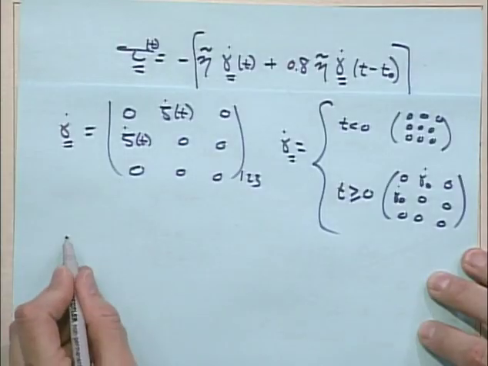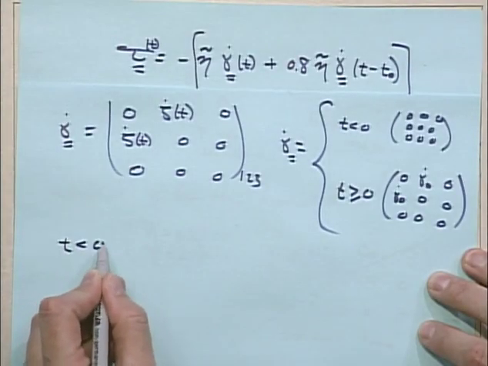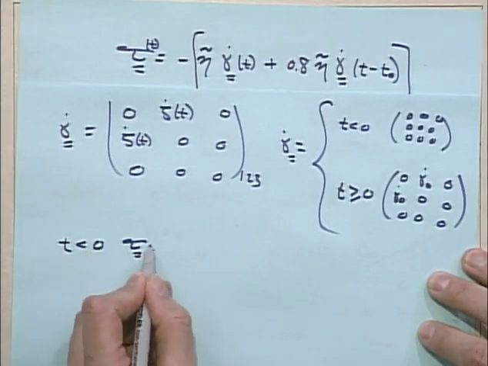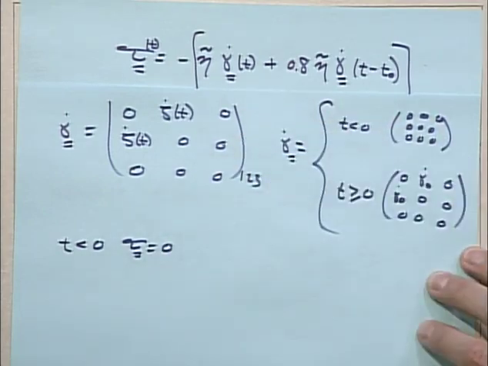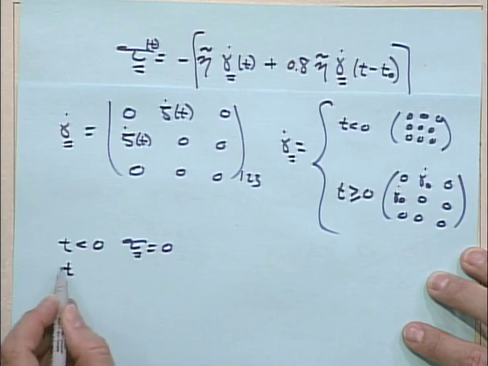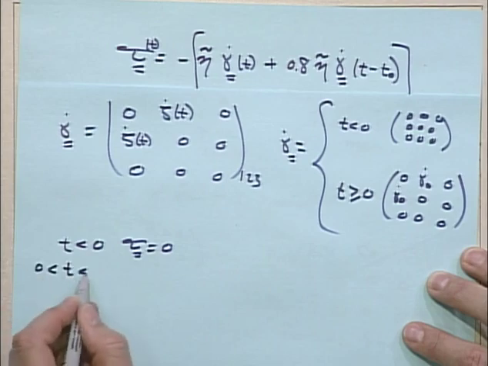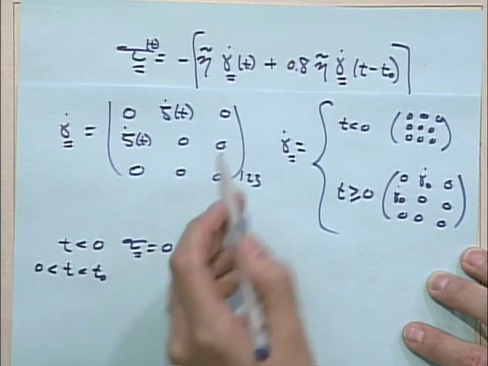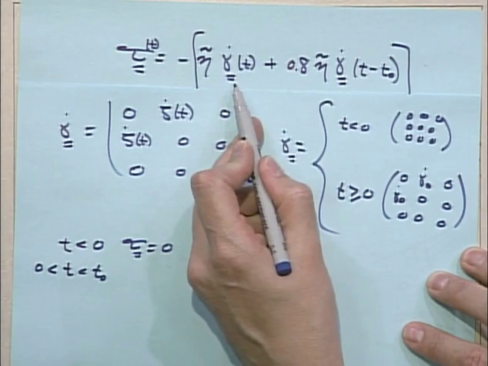So for starters, we'll do the easy one. For t less than 0, the stress tensor is 0. We got that because both terms are 0. For t greater than 0 but less than T naught, this term contributes.